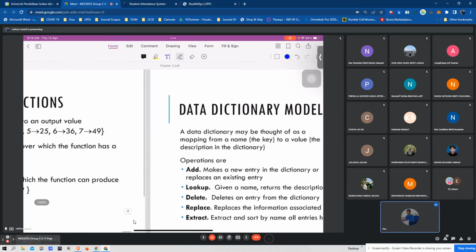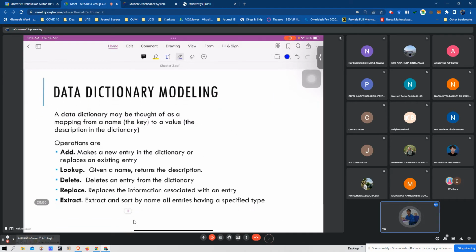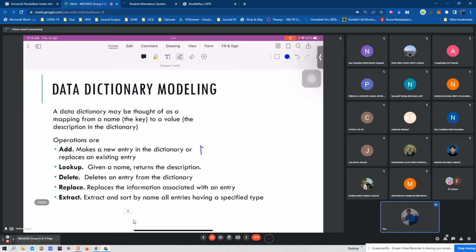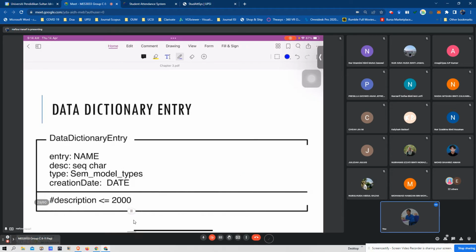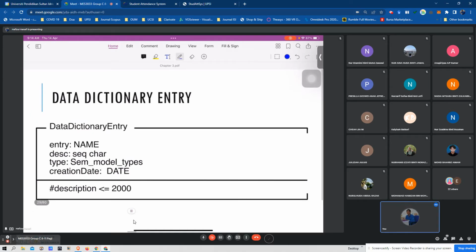Then we have data dictionary modeling: we have add, lookup, delete, replace, and extract. For the data dictionary entry, we have a name, a description, a model type, and a creation date.